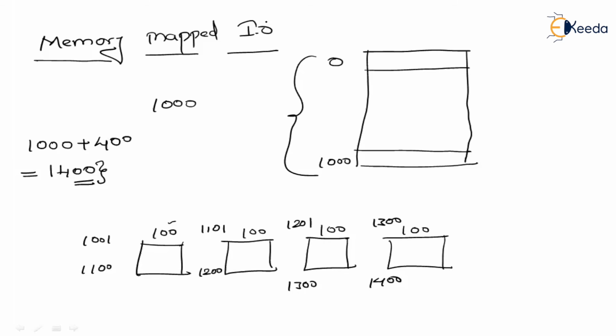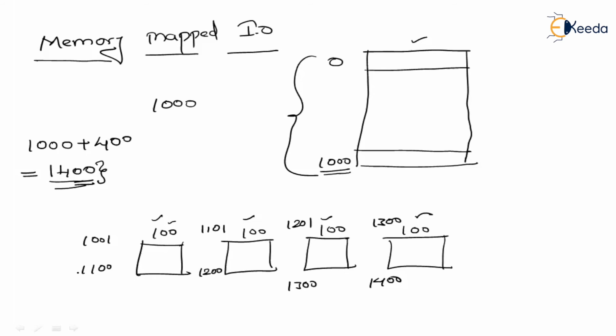So here in memory mapped IO, the CPU treats the entire space as memory space. But when you look at it, the memory space is very small, just 1000. The remaining blocks of 100 each fall under the IO devices. But the CPU treats everything as memory space.